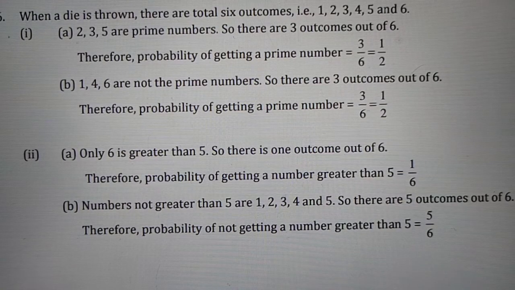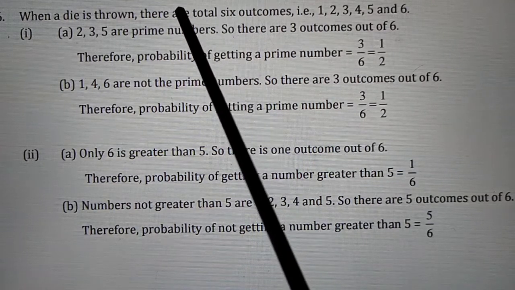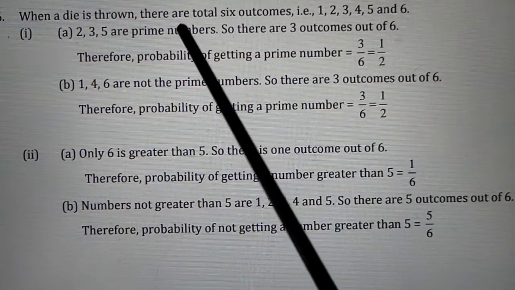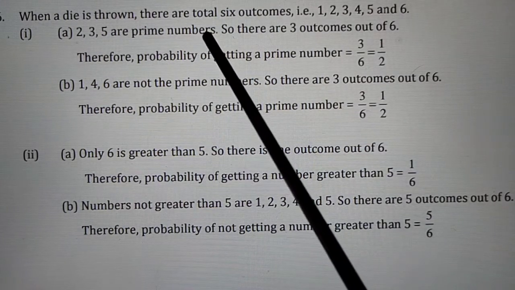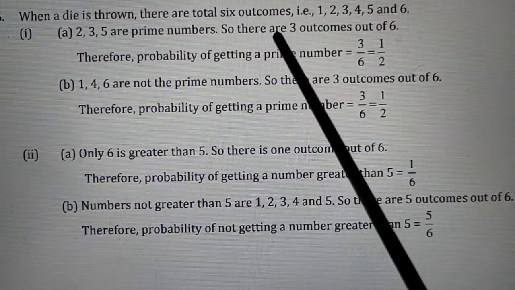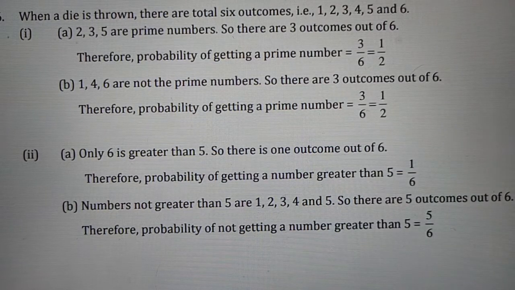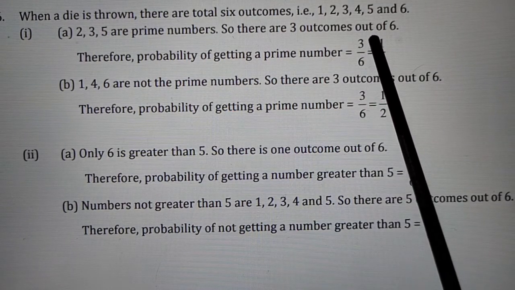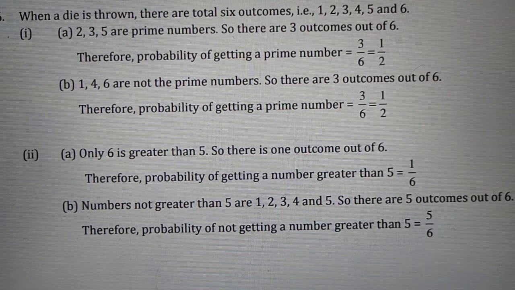So the probability of prime numbers: you can see a die is shown. The total outcomes are 6, as we have listed previously. Now 2, 3 and 5 are the prime numbers. So there are 3 outcomes out of 6 that are favorable. So the probability of getting a prime number is favorable outcomes divided by total outcomes.